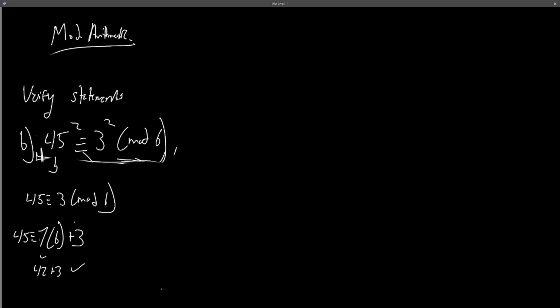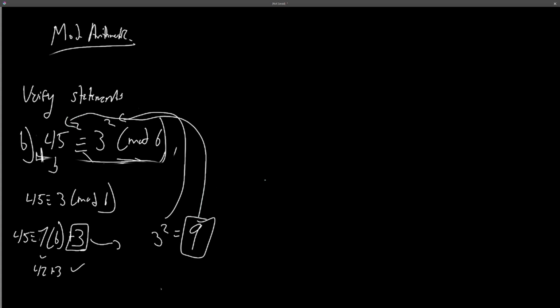But we're not done, obviously. So we have a remainder of 3 here. So our 3 we actually need to square, because of course we are squaring it here. That gives us 9. And then with our 9, we can treat that as our base and write it as 9 is congruent to qm plus r. And then essentially we just plug in like we always do. So 9 divided by 6 is 1.5.